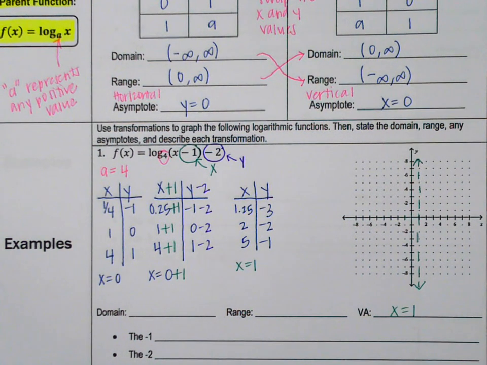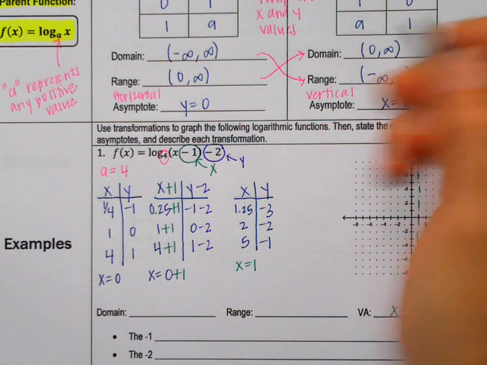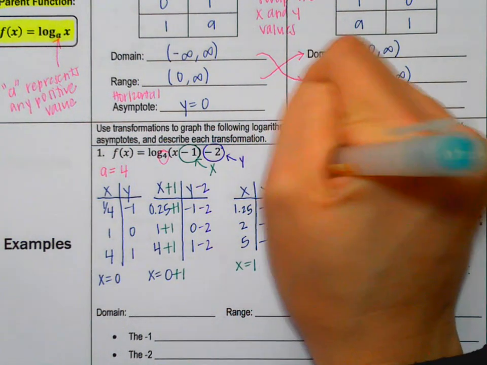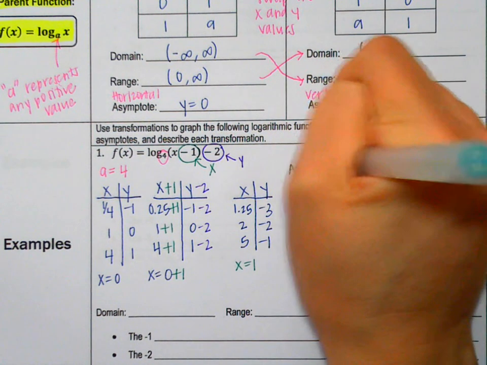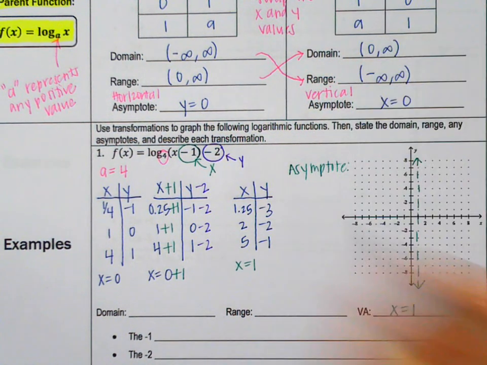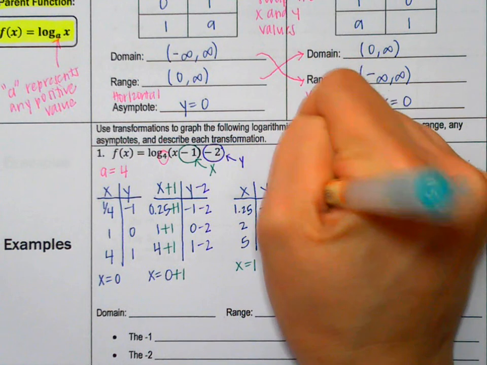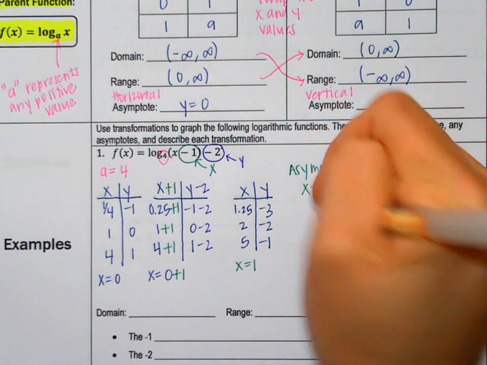Now, another way to find the asymptote, you can do that by not even figuring anything out. So if you want to find the asymptote without graphing or without doing your transformations, what you can do, I'll just do this here. Asymptote, okay. You can take your argument, x minus 1, set it equal to 0, and then solve.